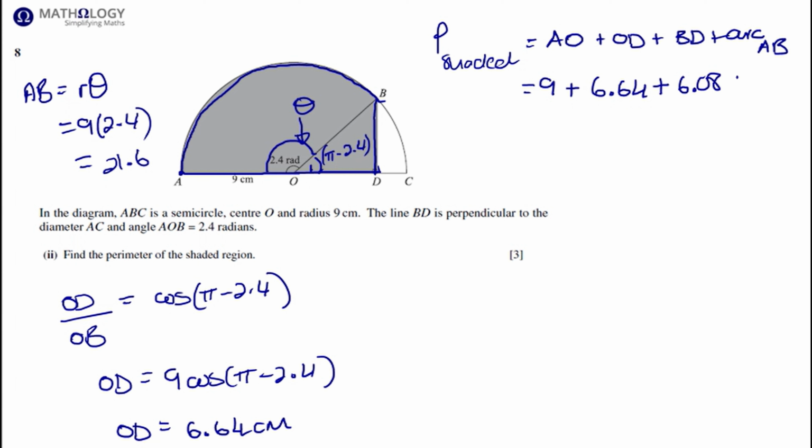So arc length AB is 21.6, and then the sum of all of those will give us the perimeter of the shaded region, which is 43.32 centimeters.